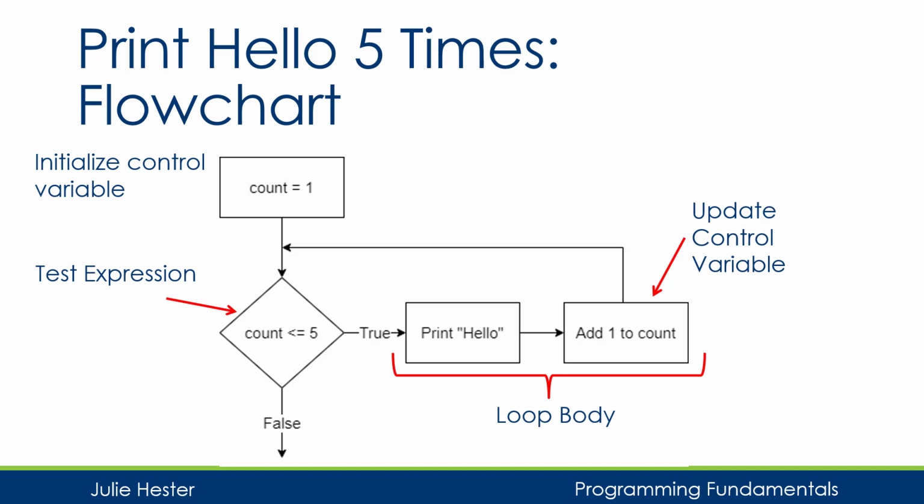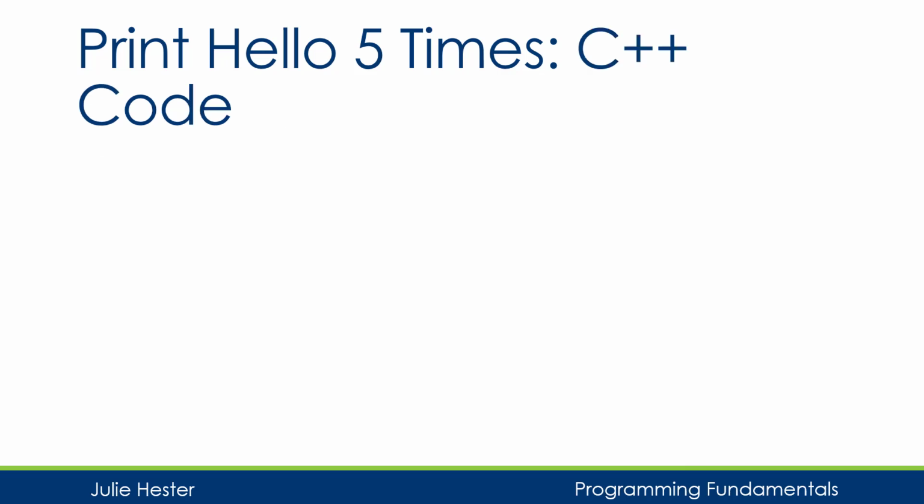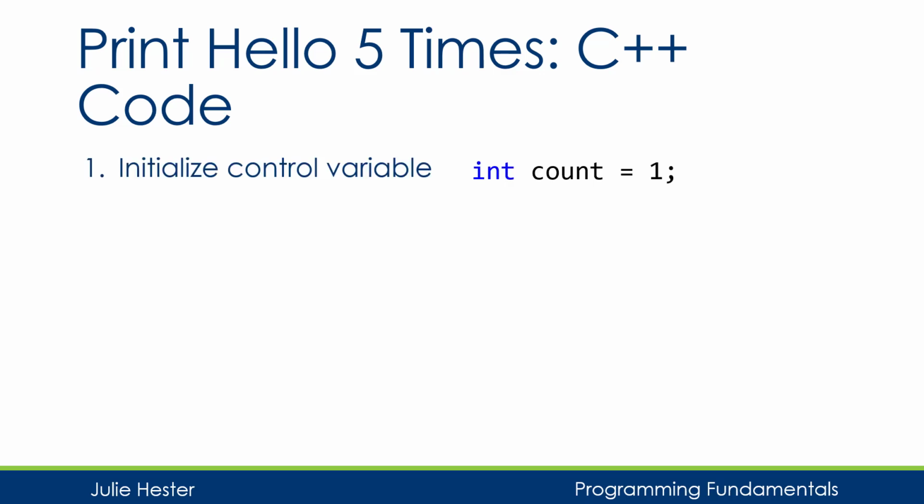So how do we translate this flowchart into C++ code? Solving the same problem here, I want to print hello 5 times. I'm going to begin by initializing my control variable. That was the first process in the flowchart where I had a variable count and I initialized it to 1.